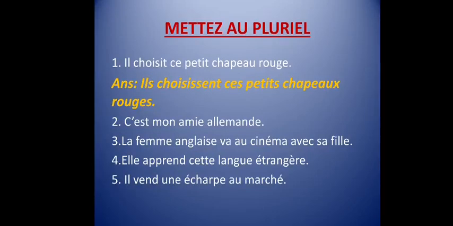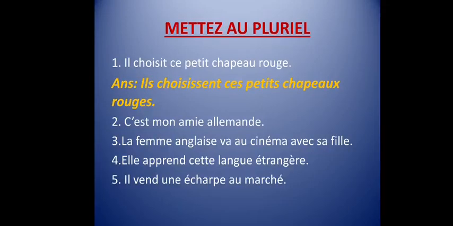Next sentence, c'est mon ami allemand. This is my German friend. La femme anglaise va au cinéma avec sa fille. The English lady went to cinema with her daughter. Elle apprend cette langue étrangère.